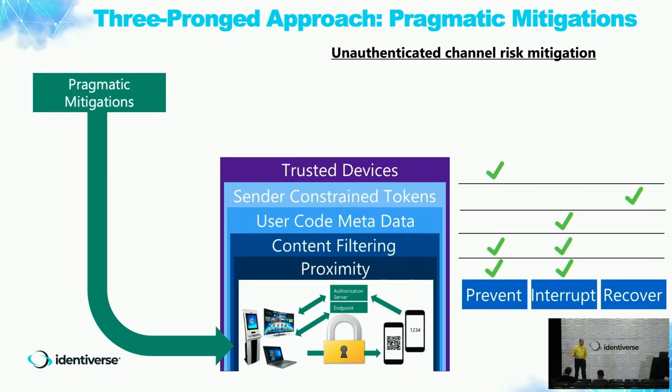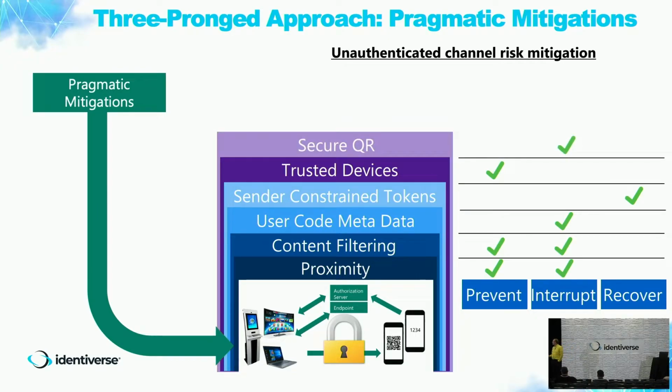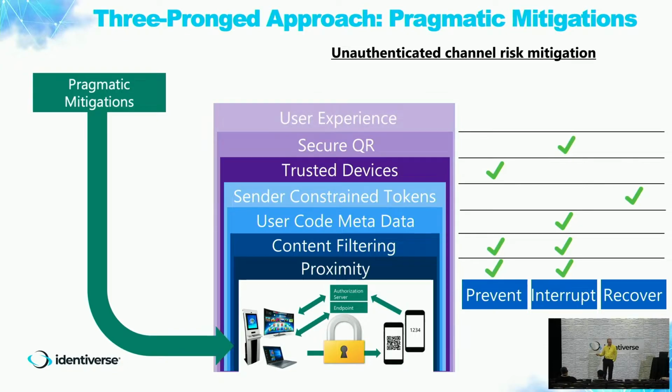Another one is trusted devices, right? So should we, or could we, constrain it so that these protocols are only used with trusted devices, devices that are pre-registered, via either something like the FIDO onboarding specification or through TPMs, et cetera. There's some work happening around secure QR codes in OASIS, and so that could be another path for us to explore.